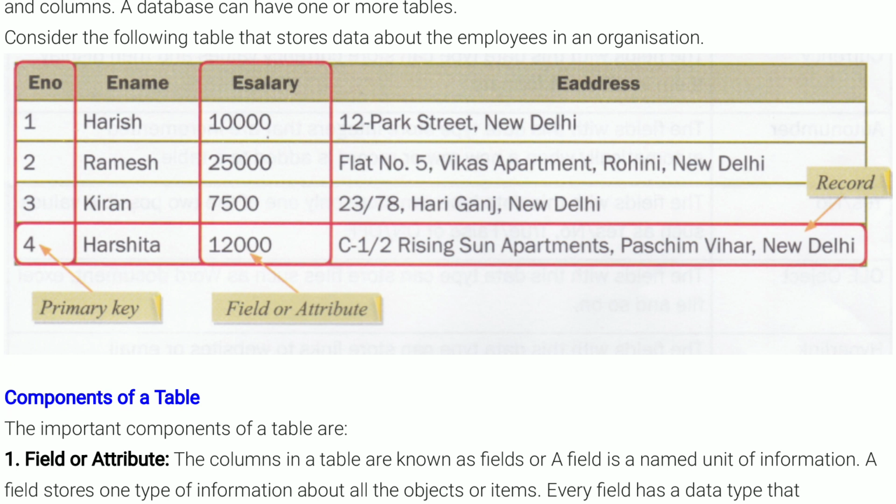As you can see, in the e-number field, only numeric type of data is stored. In the e-name, text values are stored. In the e-salary, numeric values are stored. So, Microsoft Access offers a host of data types that are explained in detail in the table below.